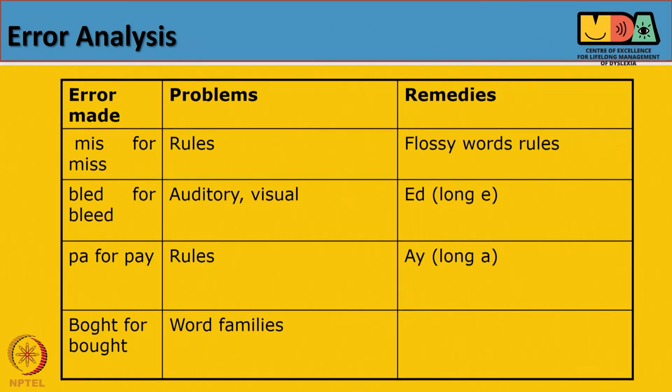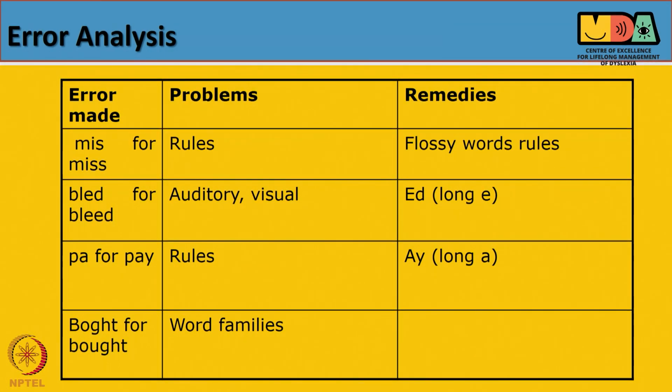So let us help this child by doing a bit of word family and bringing the child to say all the words that he can think of with A coming at the end of the word. And then he will see the pattern that when you have a long A vowel sound coming at the end of the word, it is written as AY, which is a long A vowel sound word.